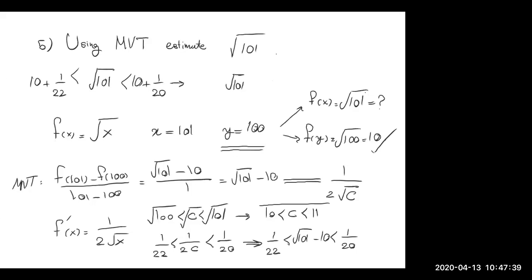So it is between 221 over 22 and 201 over 20. This is a kind of range and approximation for the square root of 101.